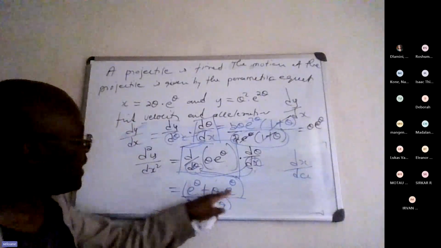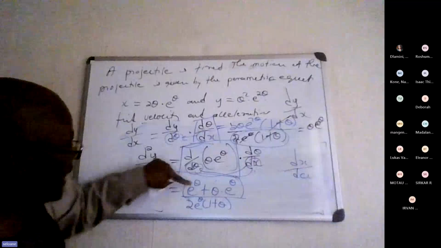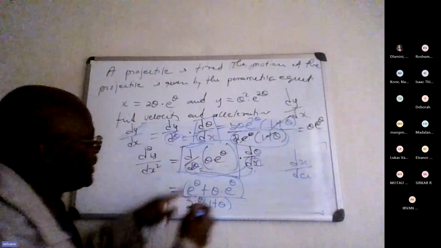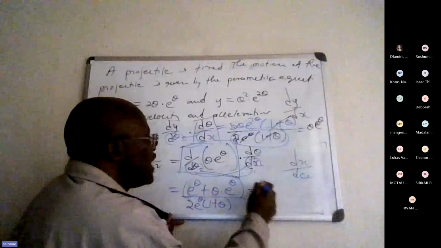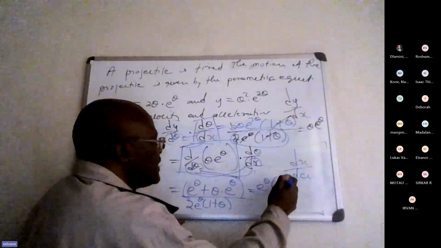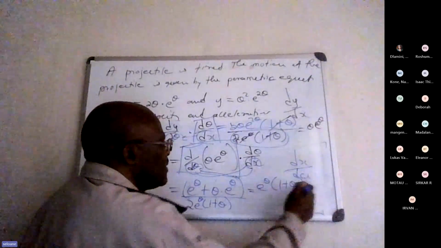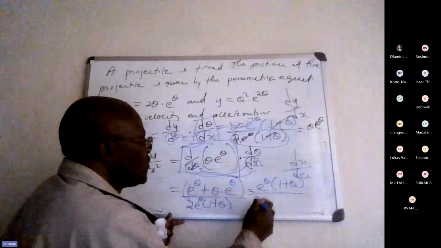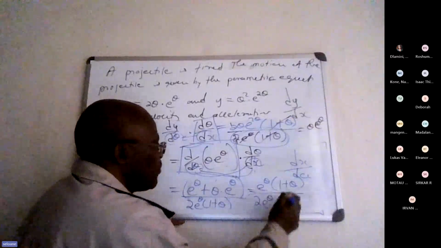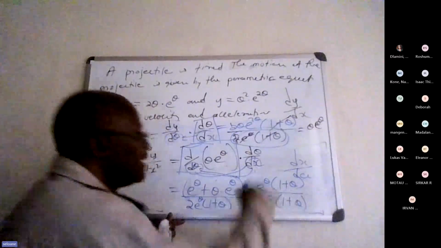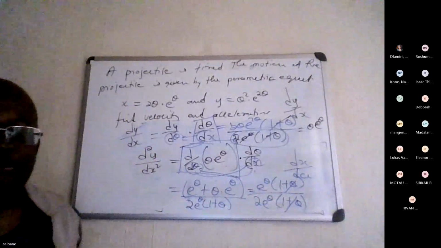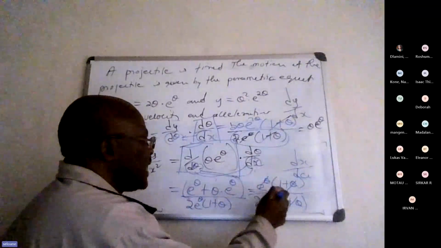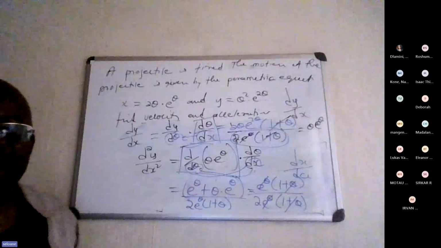And here, yes, you can see, you can just take the e exponent theta out in the numerator, then it will be e exponent theta in brackets 1 plus theta over 2 e exponent theta in brackets 1 plus theta. And now from there, this one cancels this one, and the e exponent theta cancels the e exponent theta.